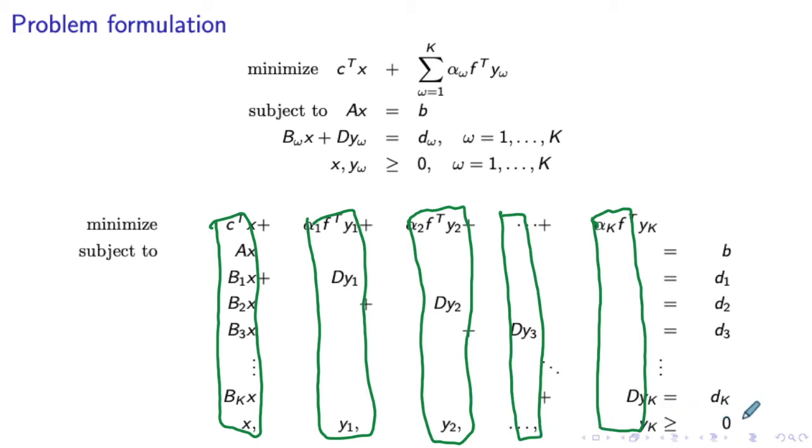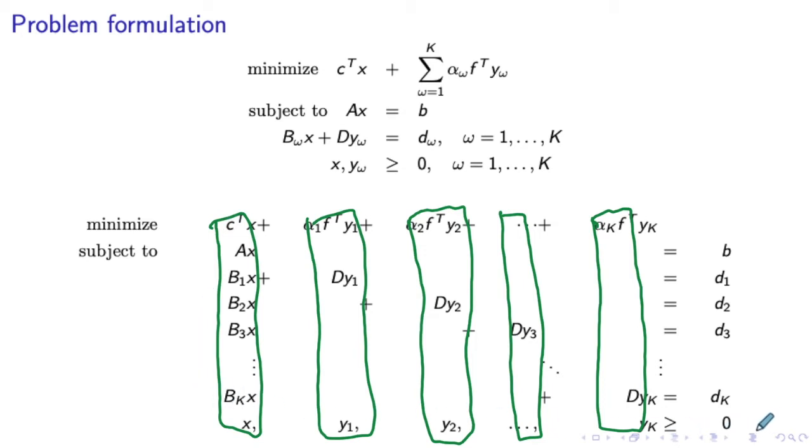And we already know that these type of problems are suitable for solving with Dantzig-Wolfe decomposition, and this is what we are going to do to solve our stochastic LP. So essentially we are going to look at the dual of this problem and we will solve it using the Dantzig-Wolfe decomposition.